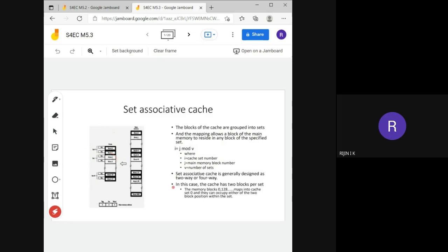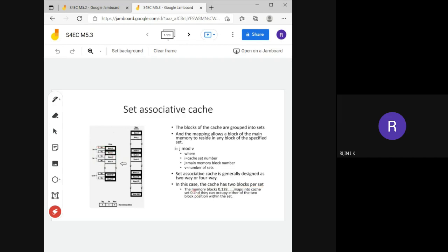Okay, and as we discussed, the set associative cache is generally designed as 2-way set associative or 4-way set associative. In this example, we have used 2-way set associative. That is, in this case, the cache has 2 blocks per set.